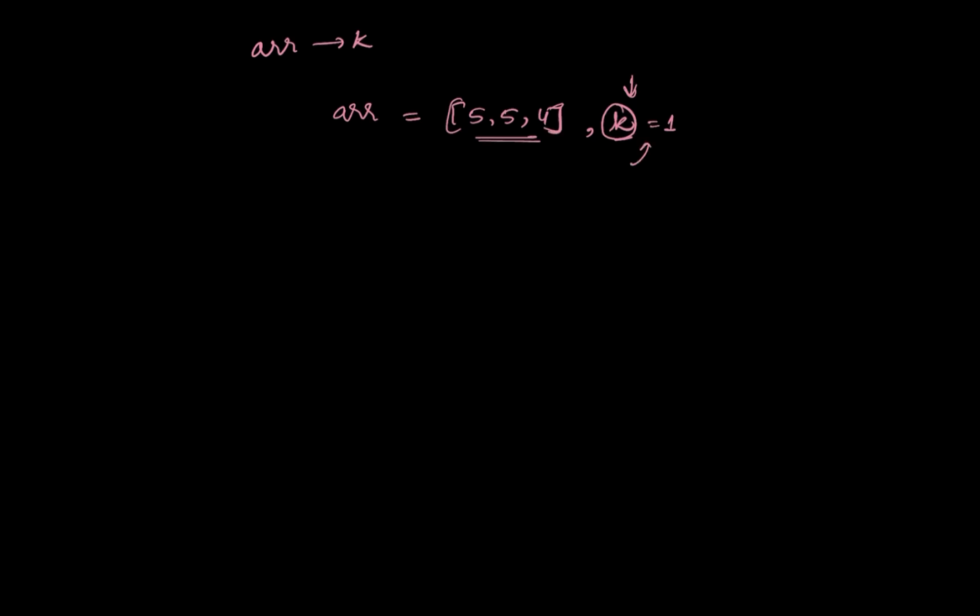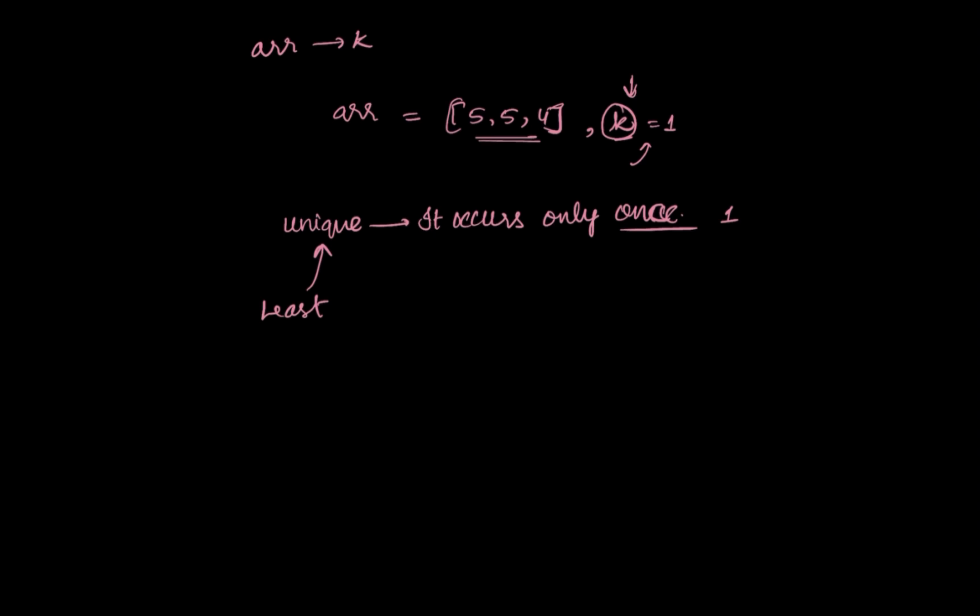Now what can we do to return the least number of unique integers? The first point here is that if a number is unique, it means that it occurs only once, so its frequency is only 1. But the question says you're supposed to return the least number of unique integers.